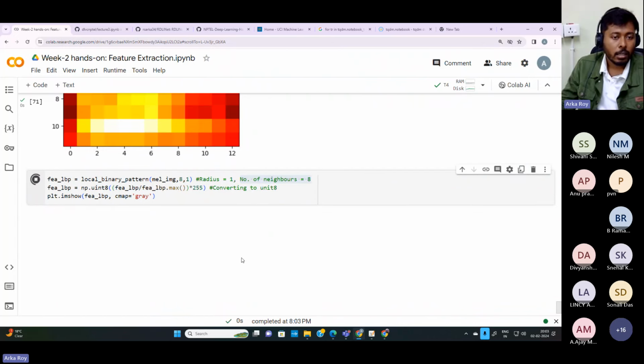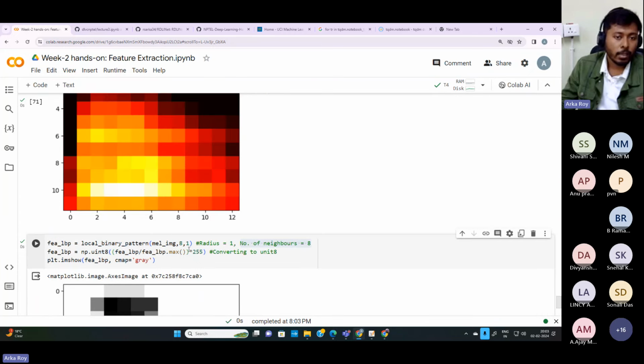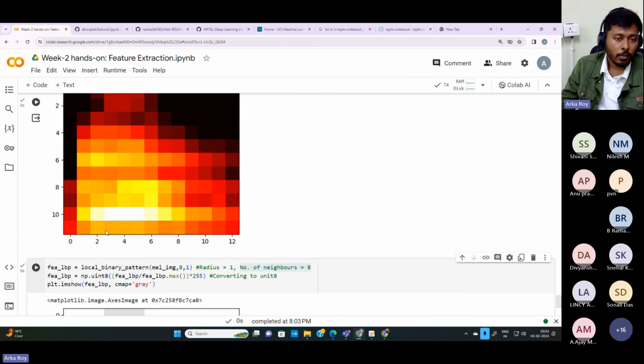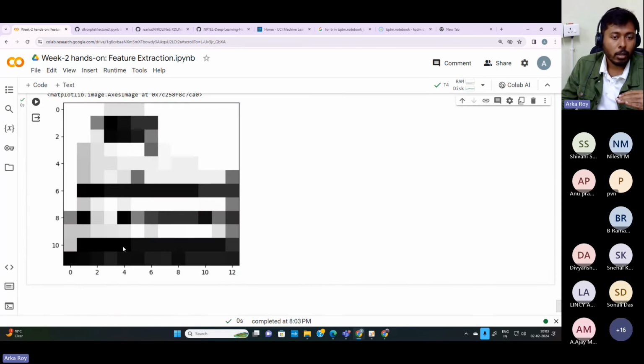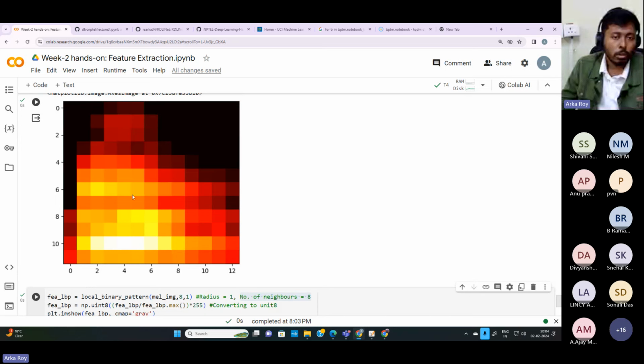So over here, this is the texture information. You can see that the texture changes enormously, and you get a very high contrast value. That high contrast is also reflected over here. Wherever you find it very bright, that means it has very high contrast. Over here also the texture changes at this particular condition.